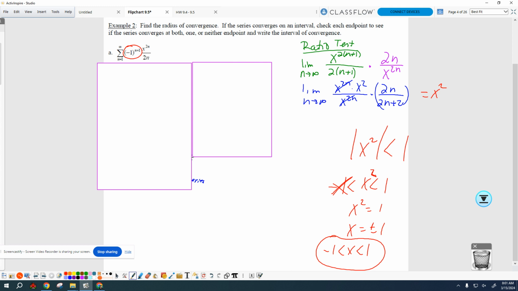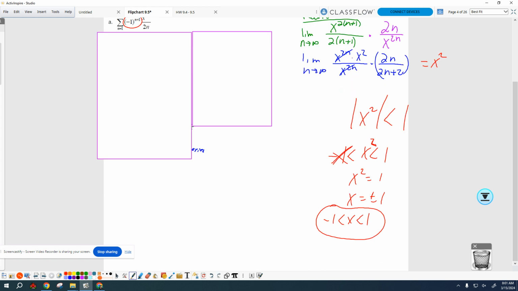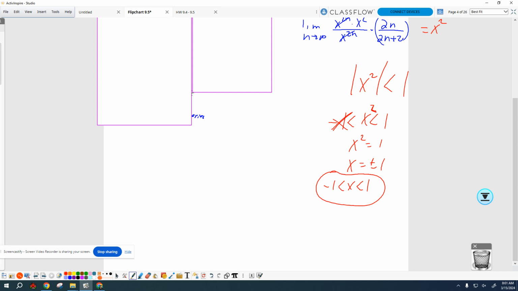Sorry. Clearly x squared can't be negative. So he says just take the positive side. Where does the x squared equal 1? At positive and negative 1. And then, now the negative came back. It's those places. Okay? All right.